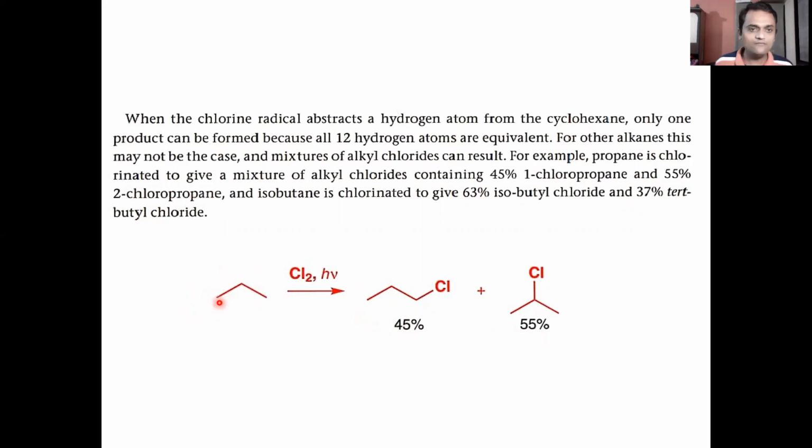Now, in this case, the hydrogens on these 2 carbon atoms are not equivalent. The first carbon atom has 3 hydrogens and the second carbon has 2 hydrogens, and they are not equivalent. So 2 different products are obtained. The first one is 1-chloropropane, whose proportion is 45%, and the second one is 2-chloropropane, whose proportion is 55%.